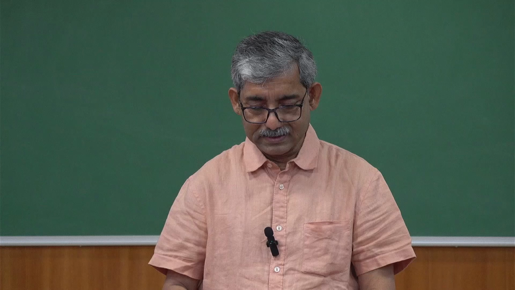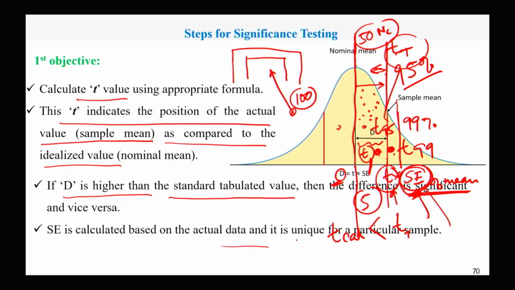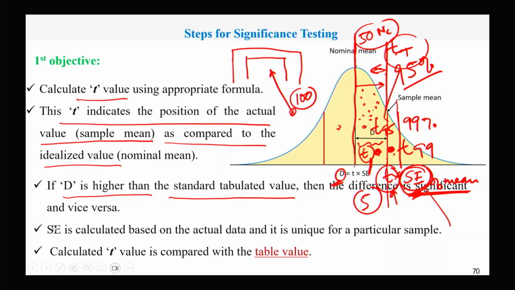The calculated t is based on the actual data, unique for a particular sample, as I have already mentioned. So it depends on the particular sample. We calculate the t value, and the calculated t value is compared with the table value.